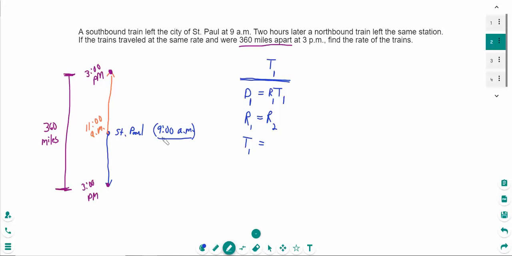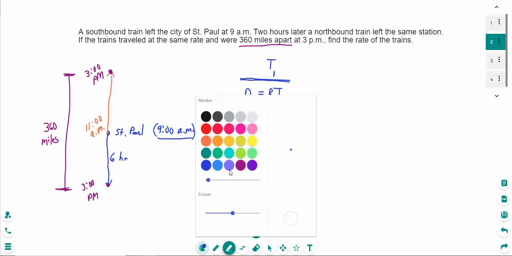What's the number of hours from 9 o'clock a.m. to 3 o'clock p.m.? Well, between 9 and noon is 3 hours, right? And then from noon to 3 is another 3 hours. So the southbound train was traveling for a total of 6 hours, right? So the time of the first train is 6. That's a nice number there. All right, and that's really all we know about train number 1.